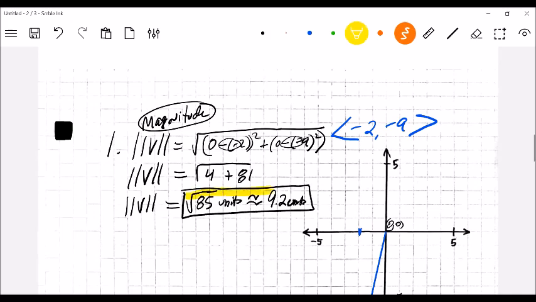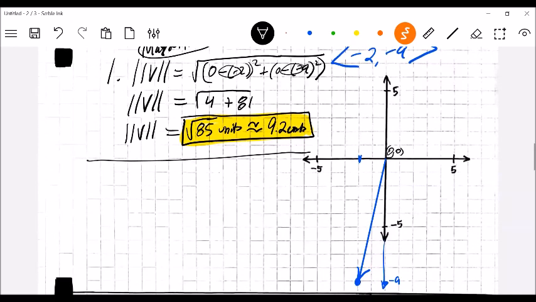And therefore now we have our magnitude. Having done the magnitude, now we're going to do the direction.